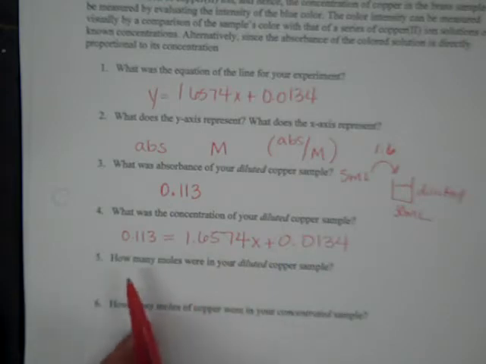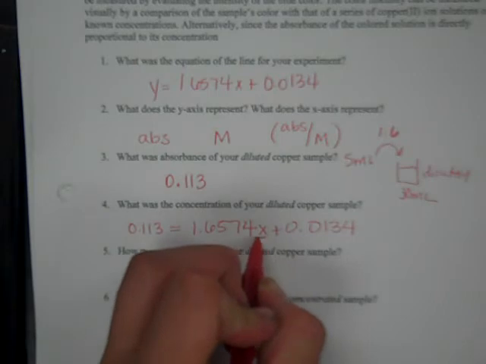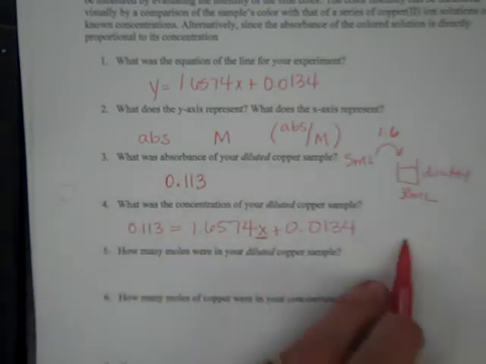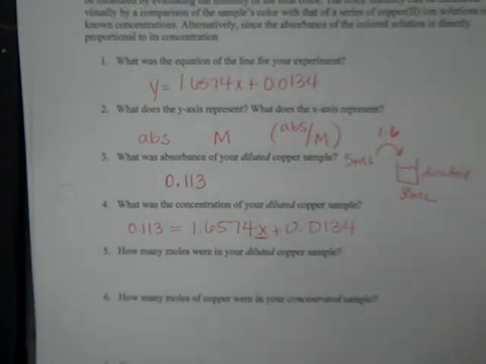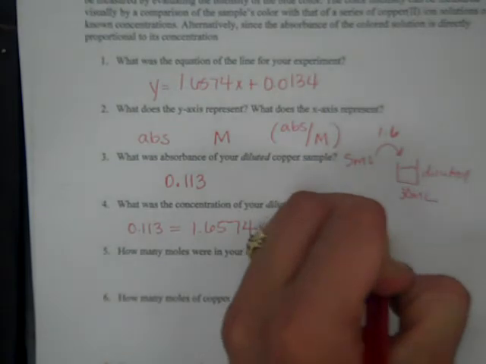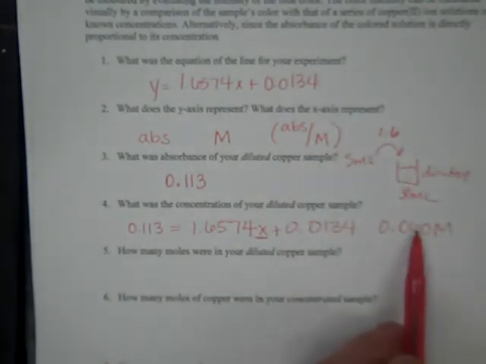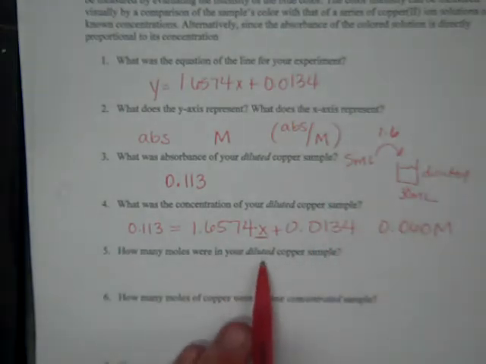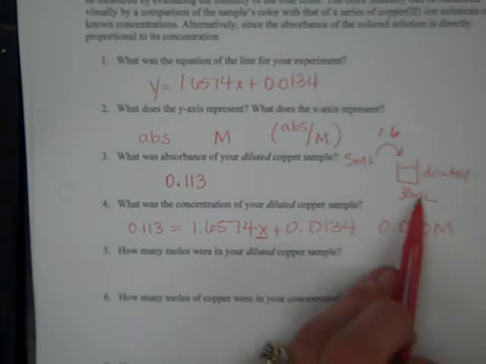Okay, so then it says how many moles were in your diluted copper sample. So here's x. I need to find concentration first, and then I can go to moles. So 0.113 minus 0.0134 divided by 1.6574. My diluted sample was 0.060 molar. My diluted sample was 30 milliliters.